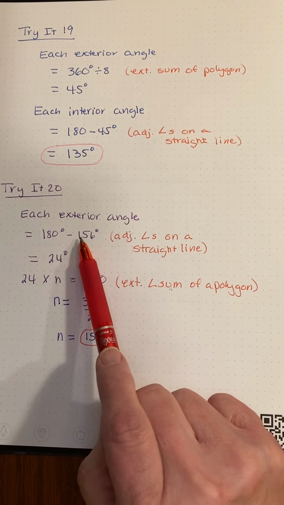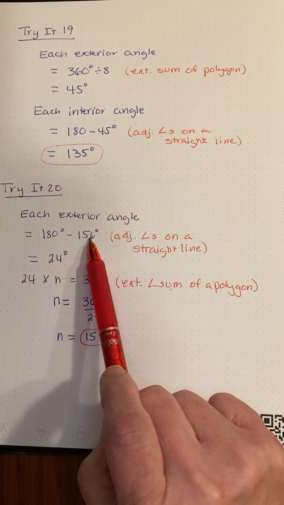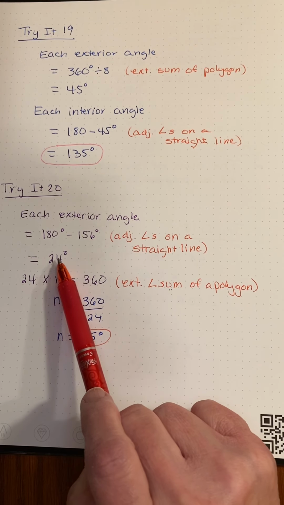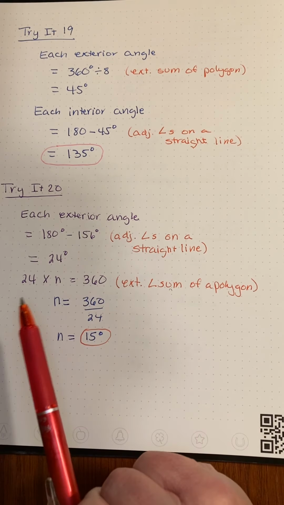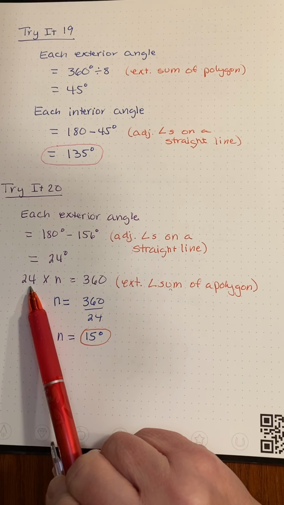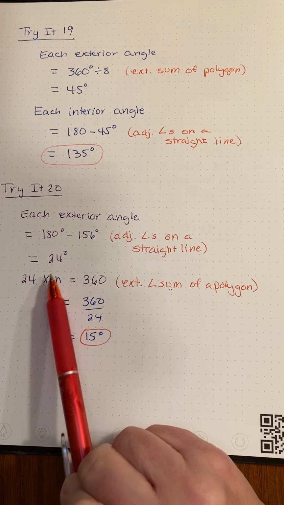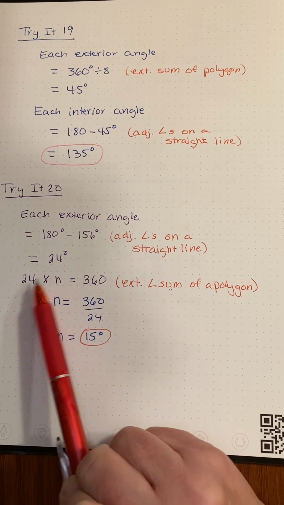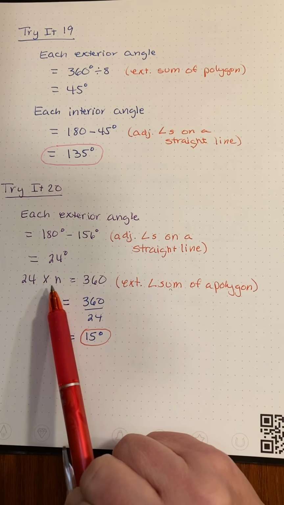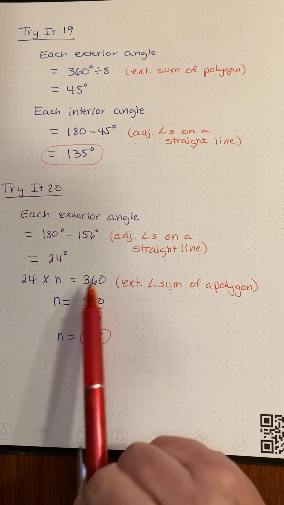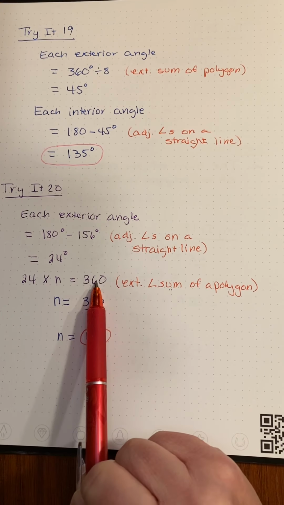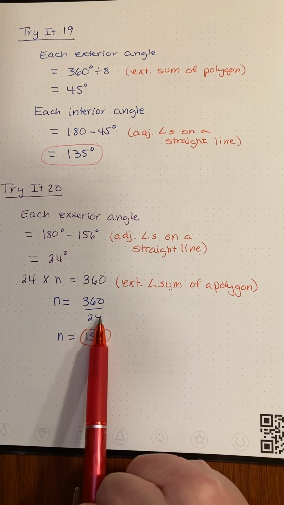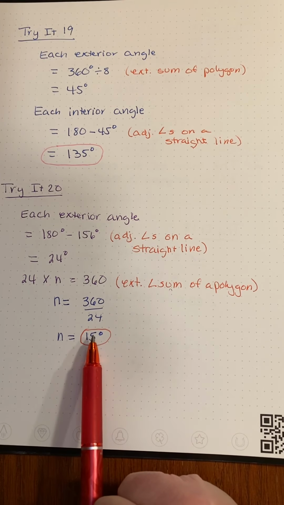So 180 minus the 156, which is the interior, gives us the exterior angle of 24 degrees. At this point, I can go 24 times n is going to be 360. So I divide by 24 on each side, and therefore 360 divided by 24 is 15 degrees.